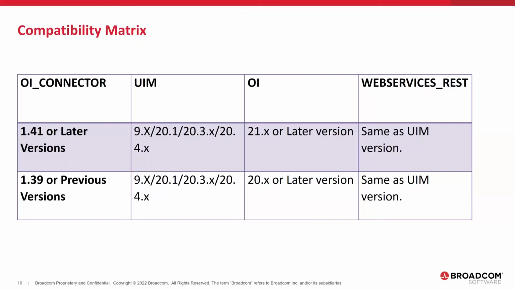for example if the customer is on 24.0, then we need web services REST, and this web services REST is needed only when you are handling a multi-tenant configuration, when you are basically mapping our UIM origins to OI tenants. Otherwise, this web services REST configuration is not required in the probe configuration.